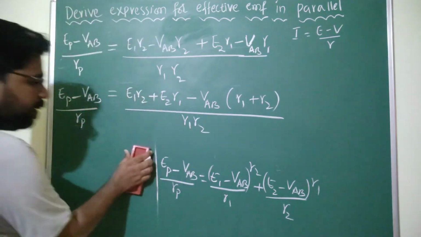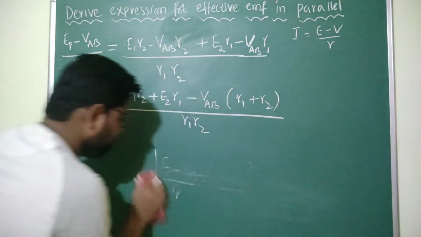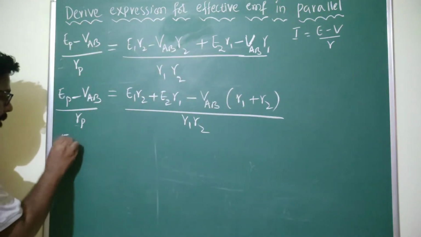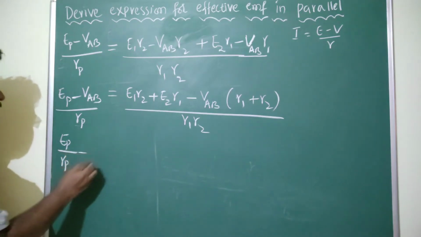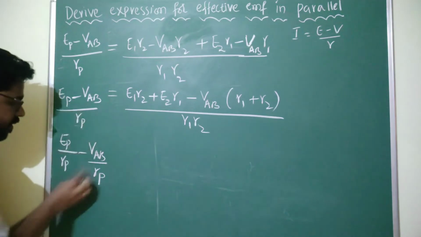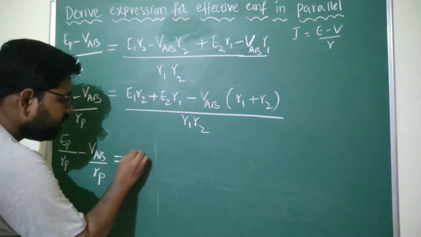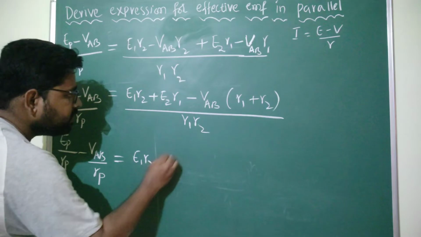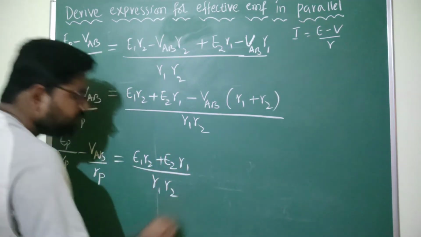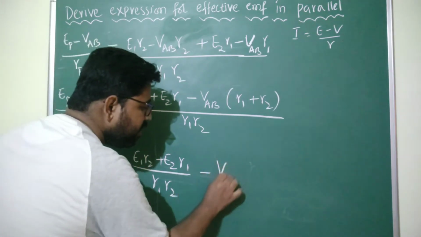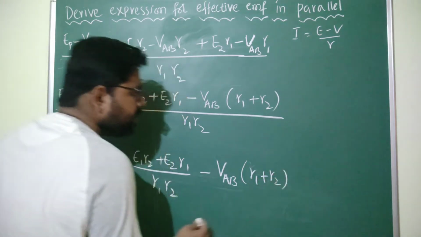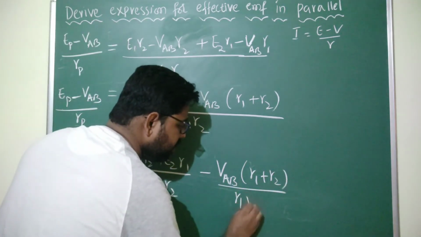So EP by RP minus VAB by RP, let me write this equation like this, is equal to E1 into R2 plus E2 into R1 divided by R1 into R2, minus VAB into R1 plus R2 divided by R1 into R2.